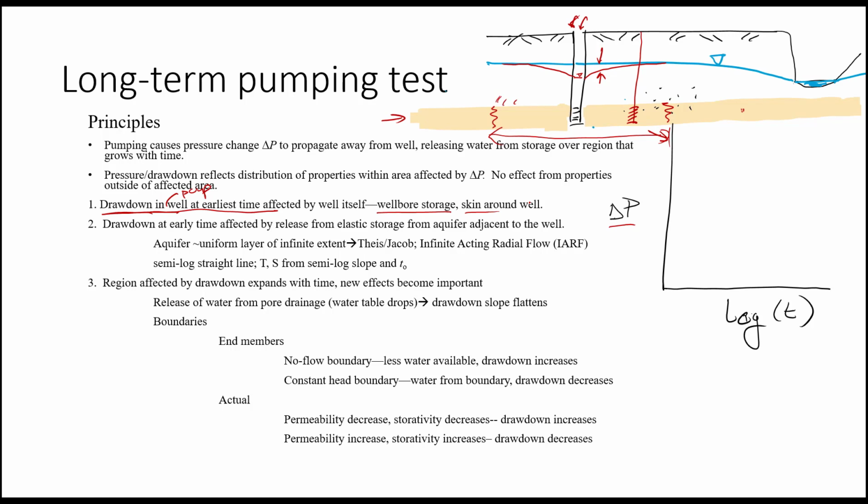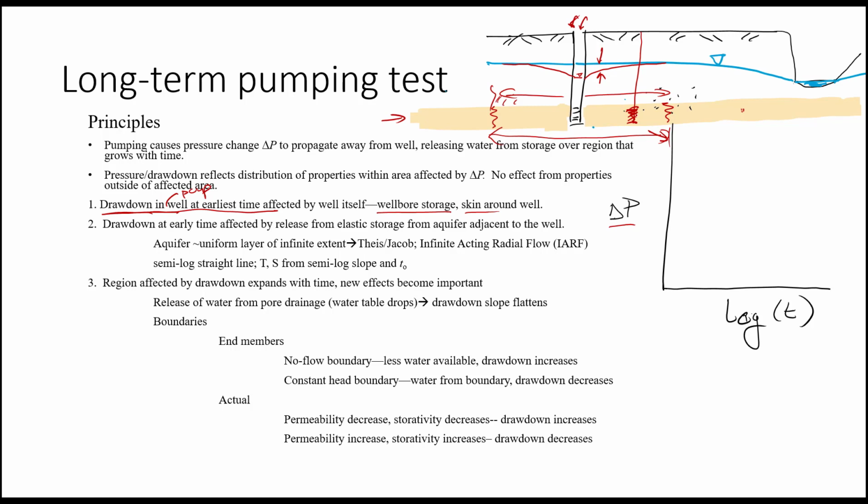But as we keep pumping, the drawdown spreads out and affects a larger portion of the aquifer. And fairly soon we'll have a region like this, or let's assume that it's fairly soon. And the drawdown then that we see at this pumping well will reflect the properties within that region.